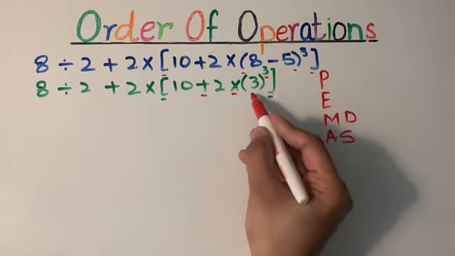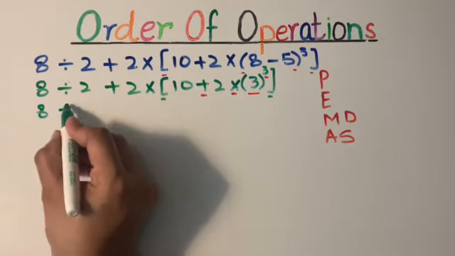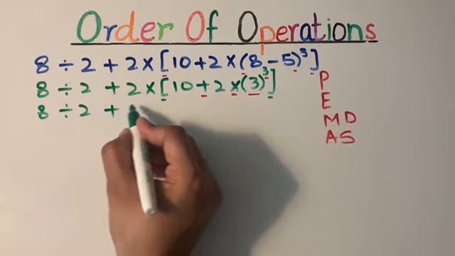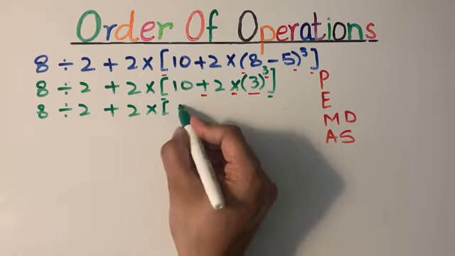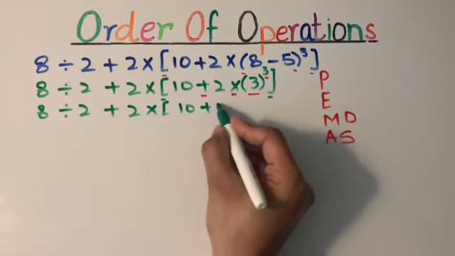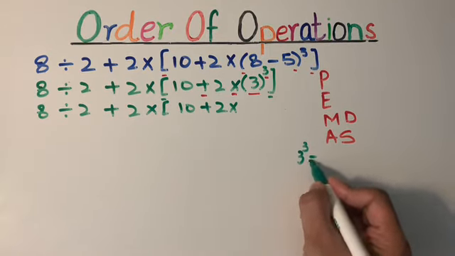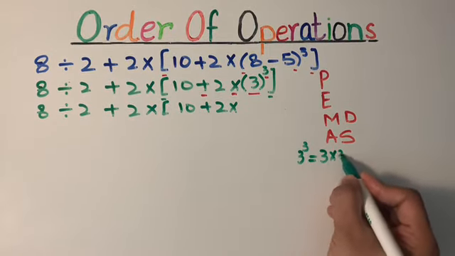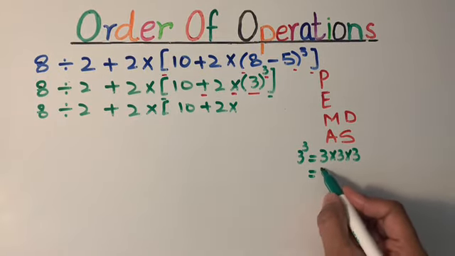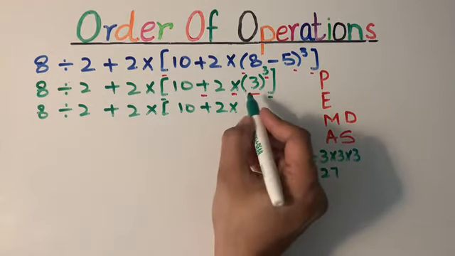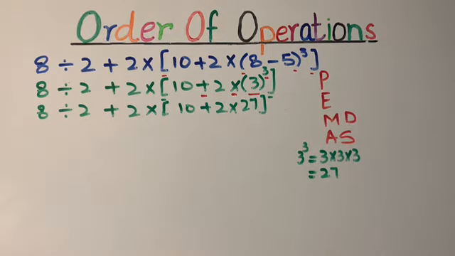So we'll solve the exponent first. 8 divided by 2 plus 2 times bracket start 10 plus 2 times 3 to the power 3, which means 3 times 3 times 3, which is equal to 27. So I'm going to write 27 here.